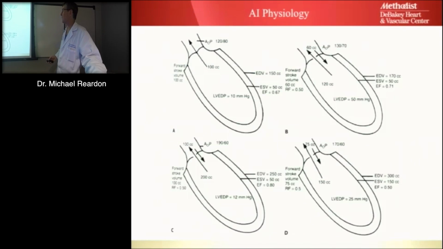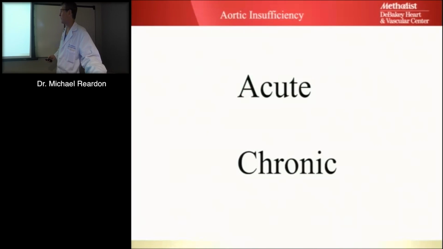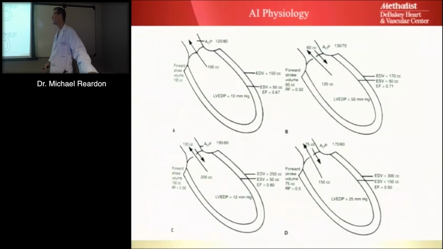Difference between acute and chronic. If we talk about aortic insufficiency, acute aortic insufficiency is really bad. Why? Because your heart can't accommodate to it. So, normally, just say that this is their normal heart. We're going to kick out 100 cc's. So we fill up to 100, we decrease to 50, 100 cc's goes forward, a good LV EDP.